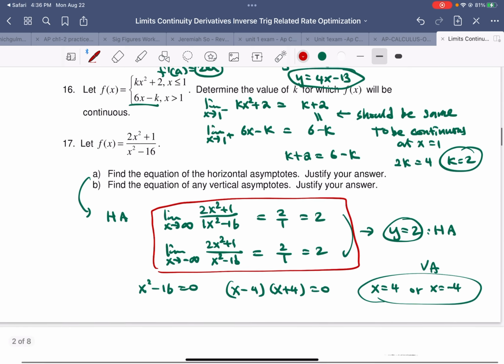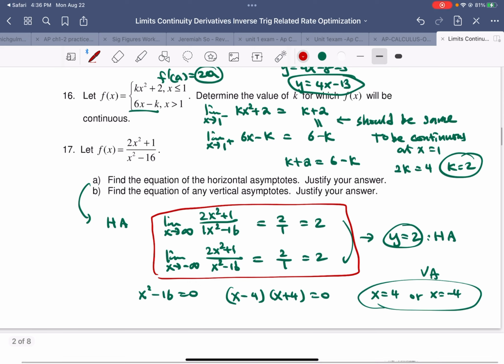For the vertical asymptote, you can say the limit as x approaches 4 of (2x squared plus 1) over (x minus 4)(x plus 4): the numerator is not 0, so that's 33 over 0, which is infinite.